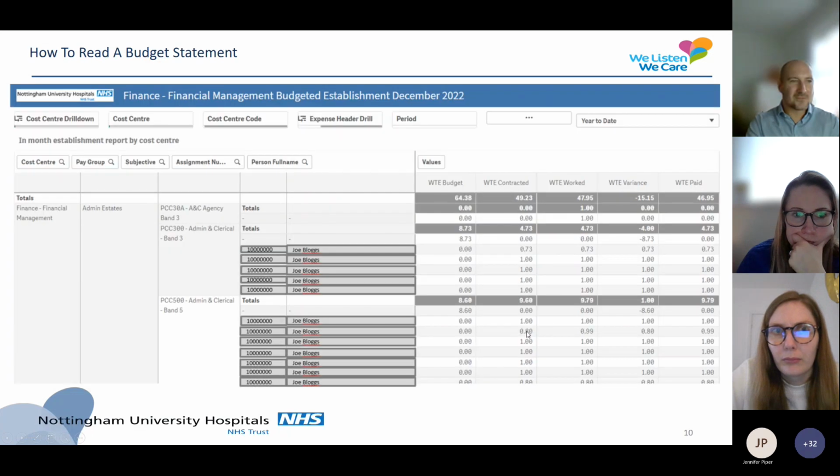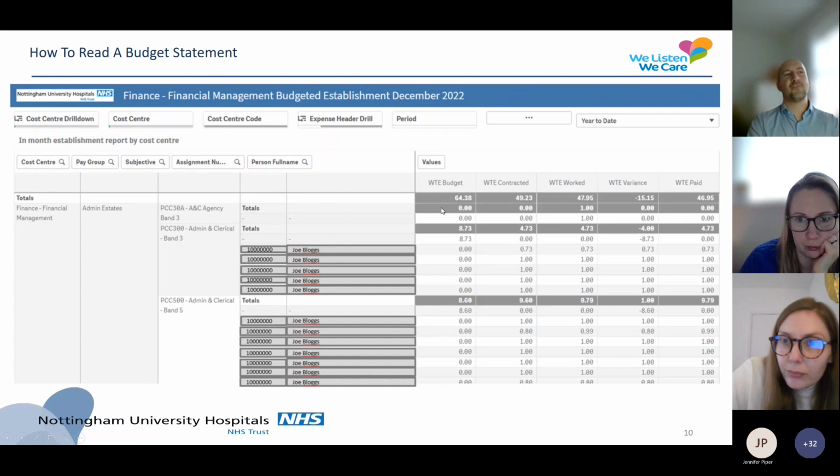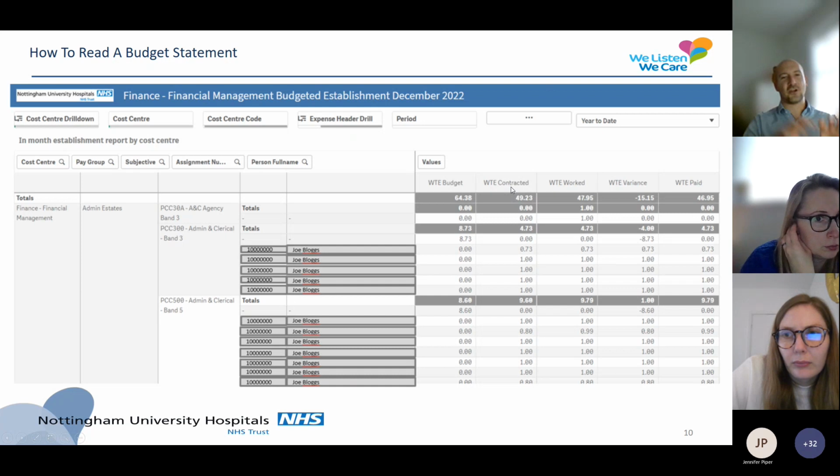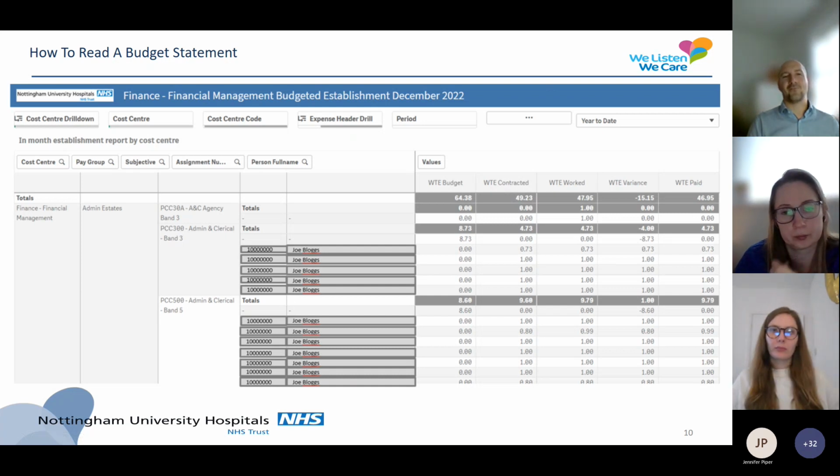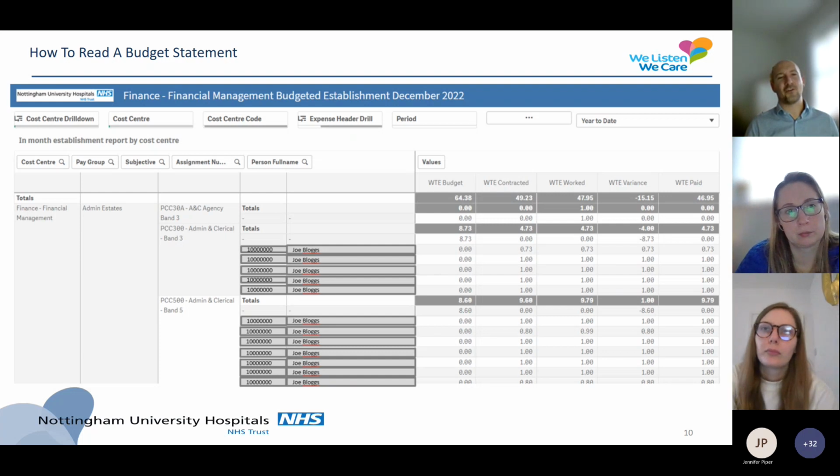Although it's not on that page, the difference between budget, contracted and worked: the budget is essentially how many you're allowed to have working during the year or each month. The contracted is what your staff's contract says. So say I am one whole-time equivalent and I'm employed on a whole-time equivalent contract, I will show up as one whole-time equivalent in the contracted.